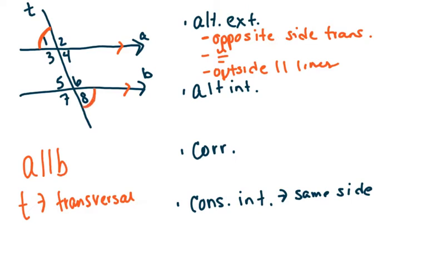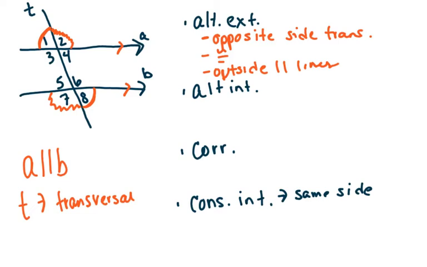So angle 1 and angle 8 are congruent to one another. That means also there's another set, and I'm going to use zigzags for that. If I say angle 2 and angle 7 then would be alternate exterior angles.